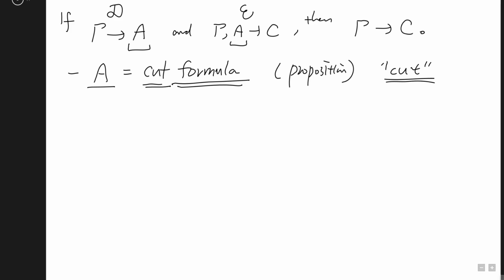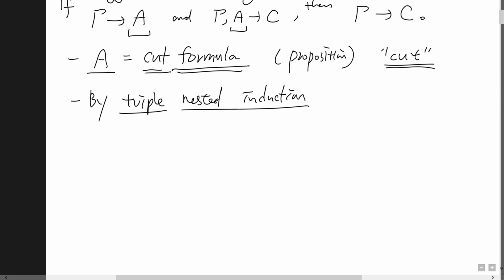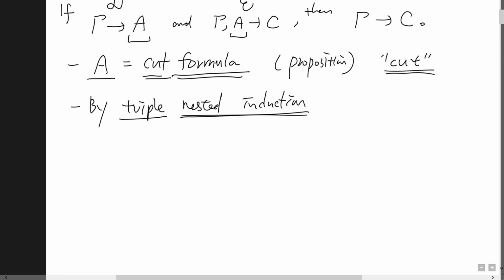And the proof proceeds by triple nested induction. It's not just a double nested induction, it's a triple nested induction. And the ordering in applying this nested induction is significant.